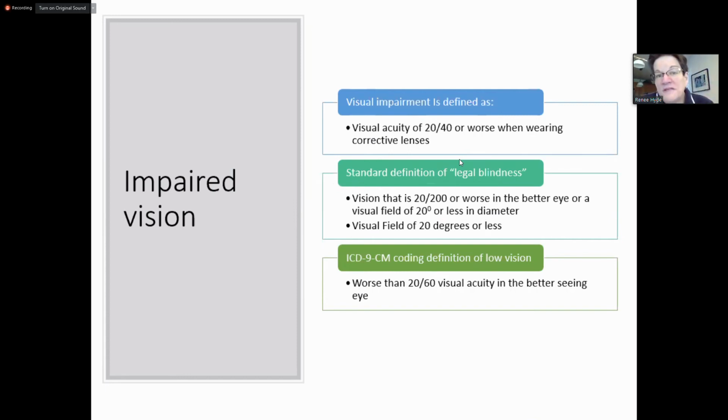What we see as impaired vision is a visual acuity of 20/40 or worse when wearing corrective lenses, meaning that even with glasses, their vision can't be any better than 20/40. By 20/40, I mean that a person with perfect vision can see at 40 feet what this person has to be 20 feet closer to.